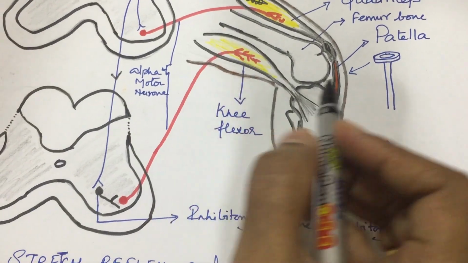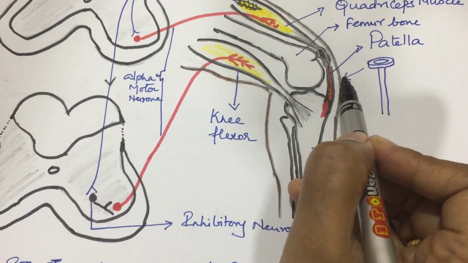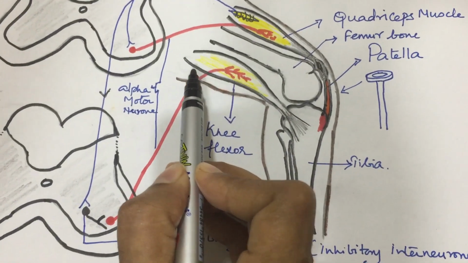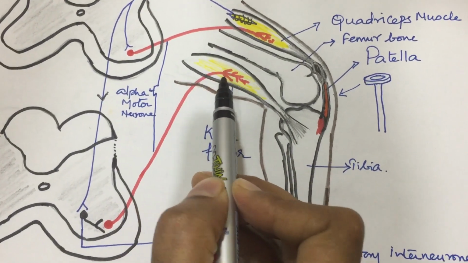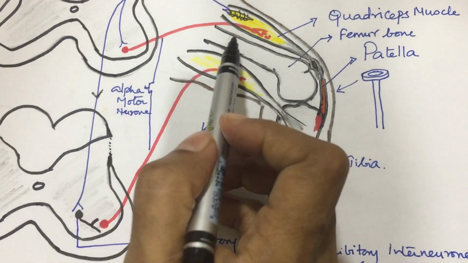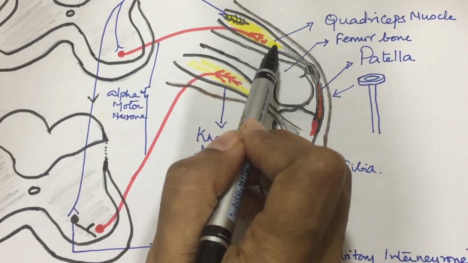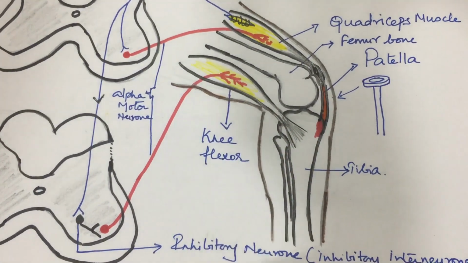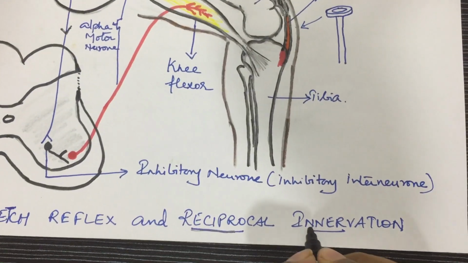That is why when we elicit a patellar reflex, there is knee extension and there is no knee flexion, because the antagonist muscle is being inhibited and there is only contraction of the quadriceps muscle, or the agonist muscle. So this is called reciprocal innervation.